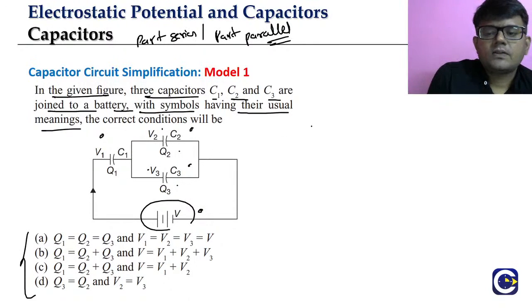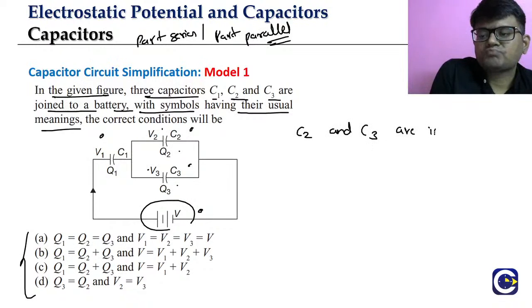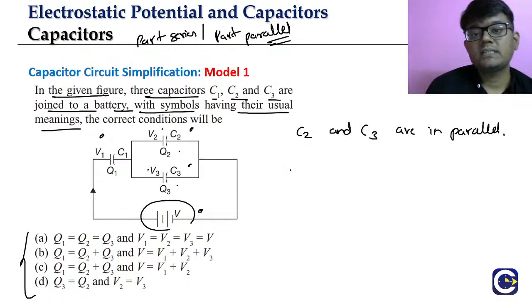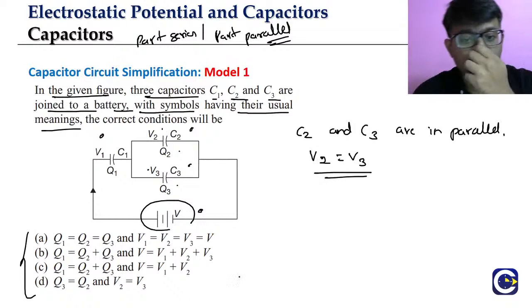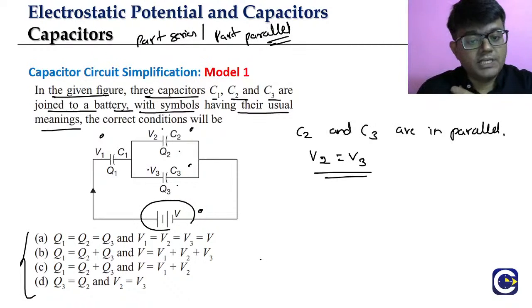So here C2 and C3 are in parallel dana. Parallel means what? Potential difference across them will be same, which means the V2 oda value will be equal to V3. V2 value will be equal to what? V3. Okay.